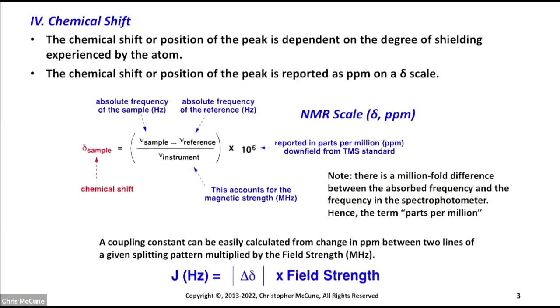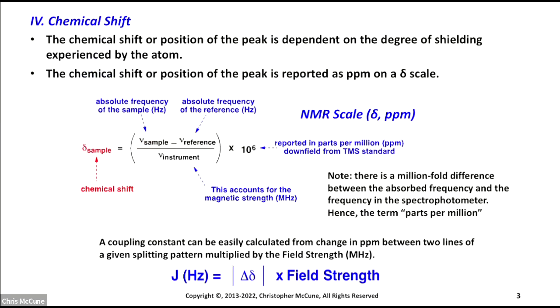The chemical shift, or position of the peak, is dependent on the degree of shielding experienced by the atom. So hydrogens that are in a pretty non-polar, non-electron withdrawing environment are going to be more shielded than sets of hydrogens that are near electron withdrawing groups.